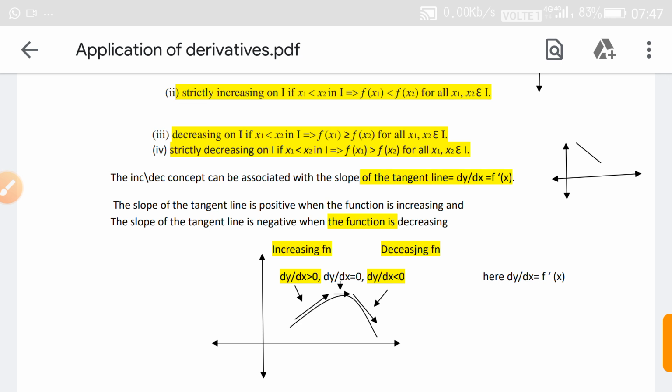It is the point at which the function is neither increasing nor decreasing. It is the middle value.